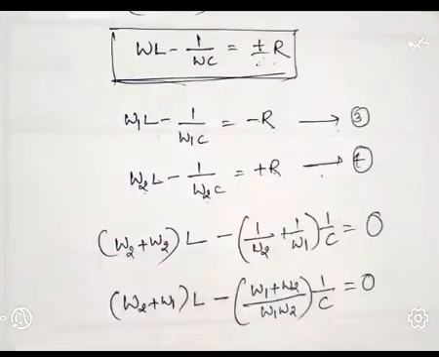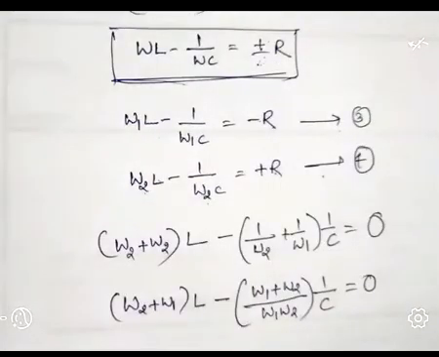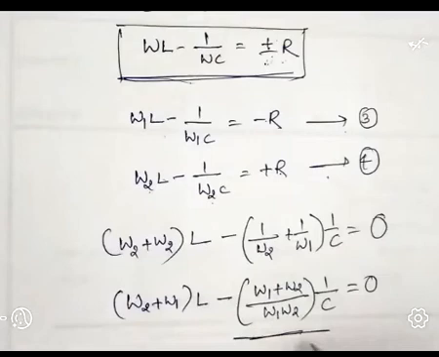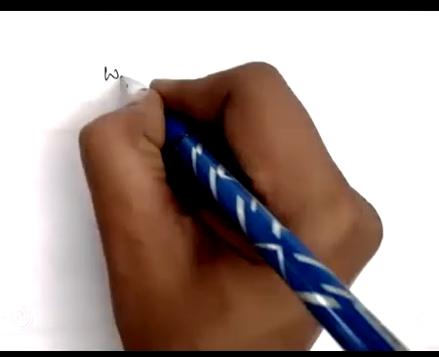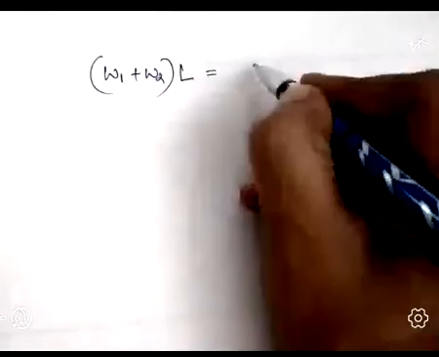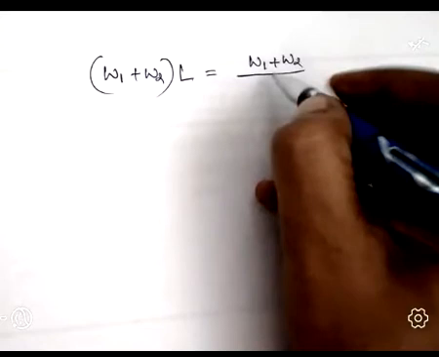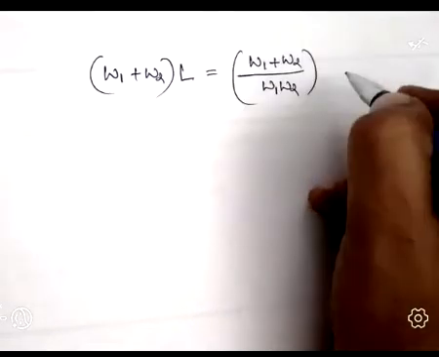So what is the next step? Simplification. I will take this part towards the RHS side. Then it becomes omega 1 plus omega 2 into L is equal to omega 1 plus omega 2 divided by omega 1 into omega 2 multiplied by 1 by C.